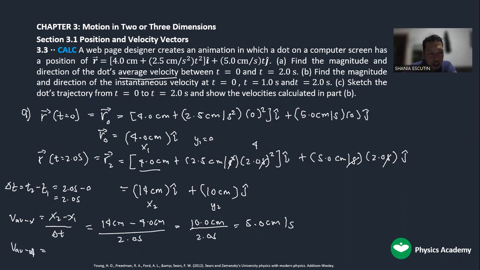For the average velocity along y, we have y2 minus y1 over the time interval. Our y2 is 10 centimeter, our y1 is 0, divided by 2.0 seconds, so it will give us 5.0 centimeter per second. So the same.